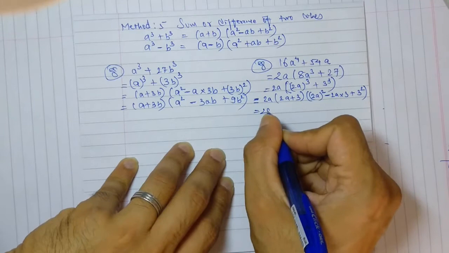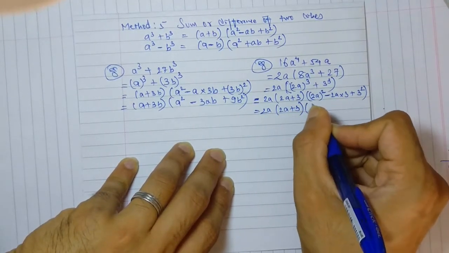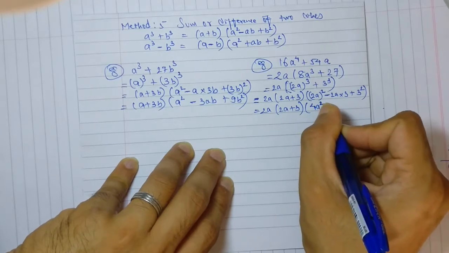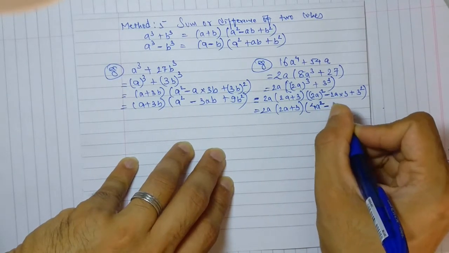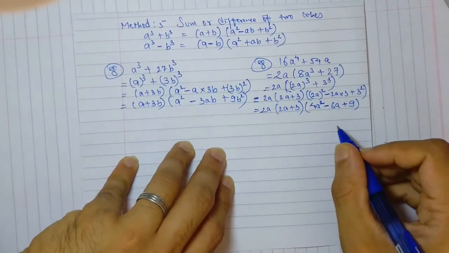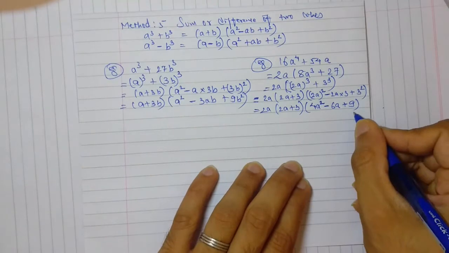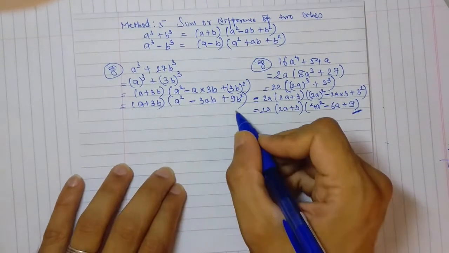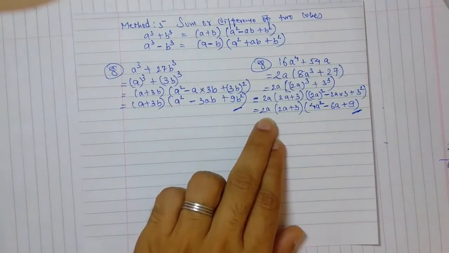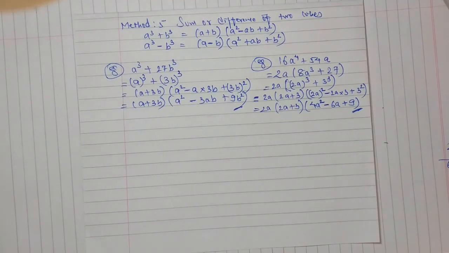So this will become 2a bracket 2a plus 3 bracket 4a square minus 6a plus 9. This is the complete factorization, right? The factor 2a is also out and everything is factorized.